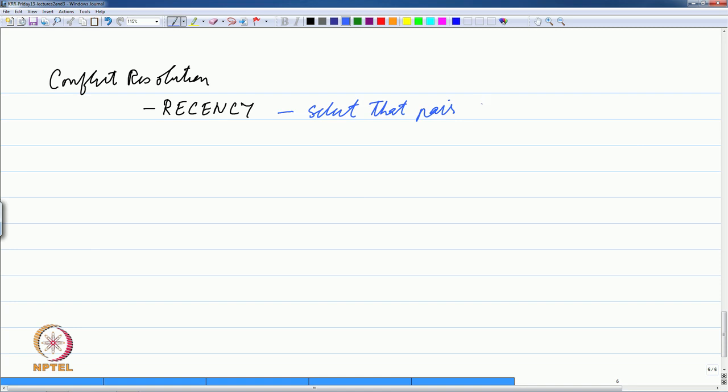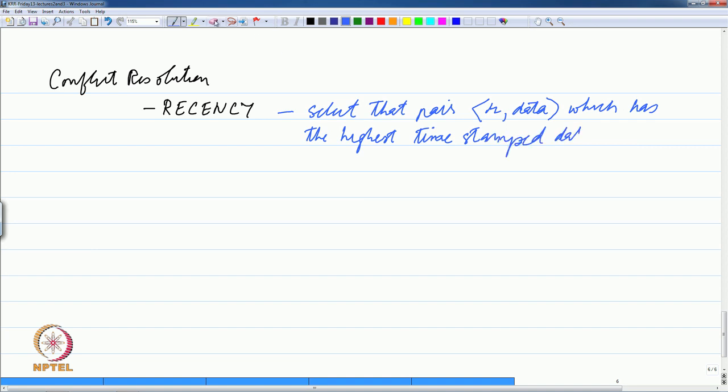So, remember whenever I talk about the pair, I mean a rule and the corresponding data, which has the highest timestamp data. So, I should say really working memory element. In other words, most recent.